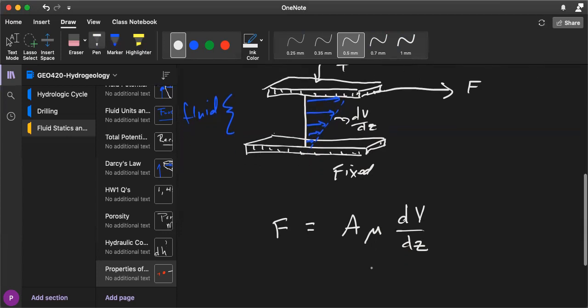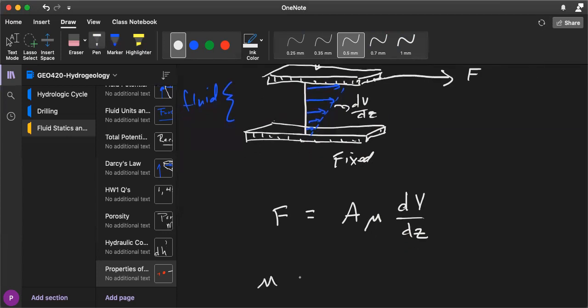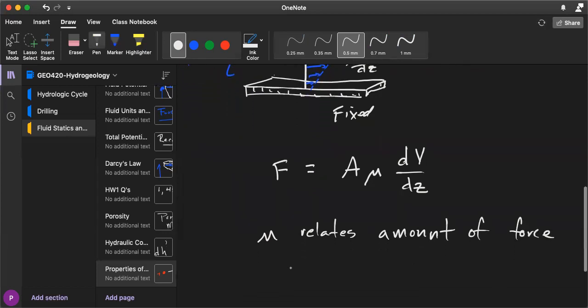The main takeaway here is that viscosity relates the amount of force needed to make water move.